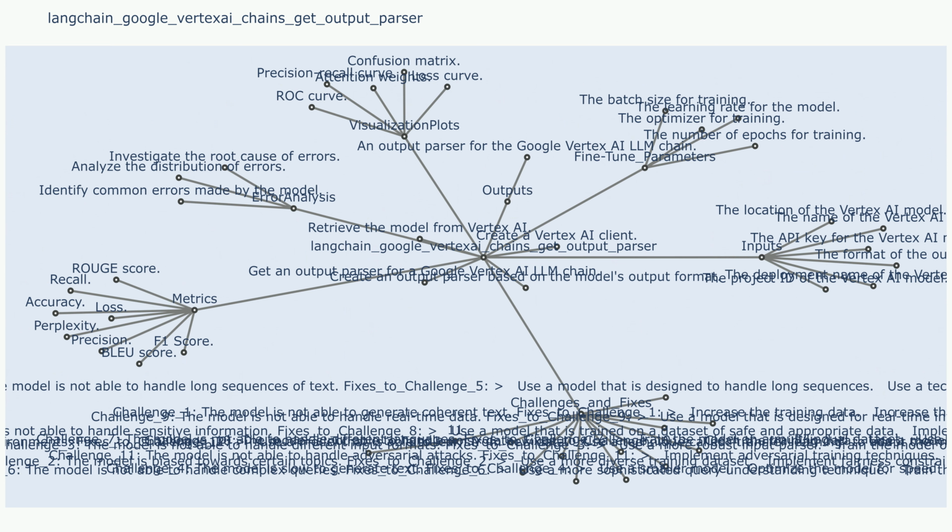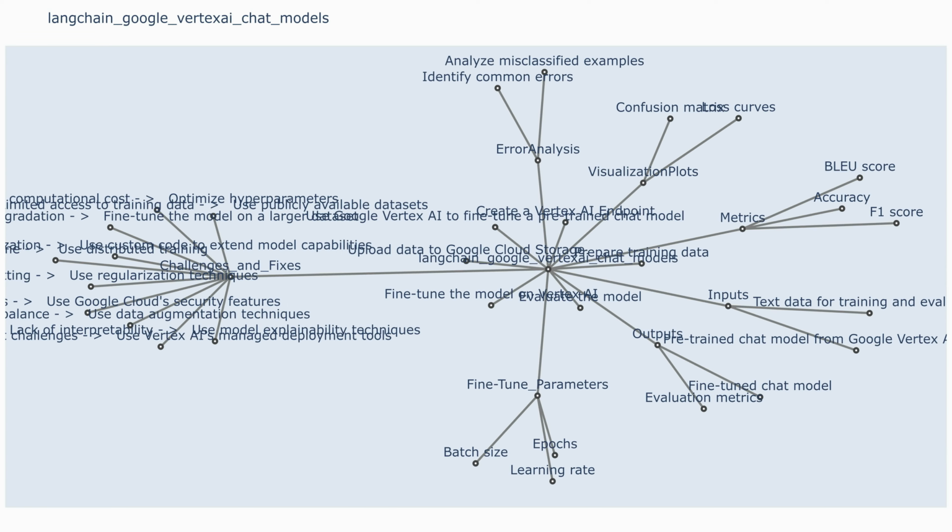Fixes to challenge 2: implementing error handling mechanisms to identify and recover from common parsing errors. These could include robust exception handling, data validation checks, and fallback strategies to handle cases where the parsing process encounters unexpected conditions. Langchain Google Vertex chat models.